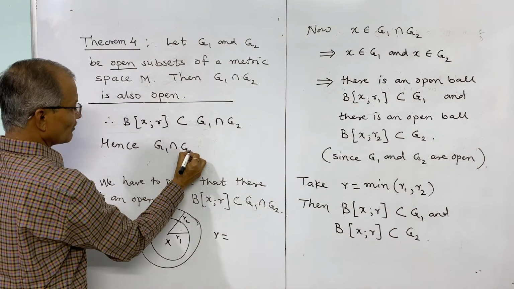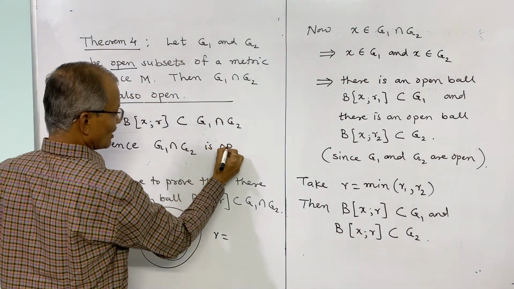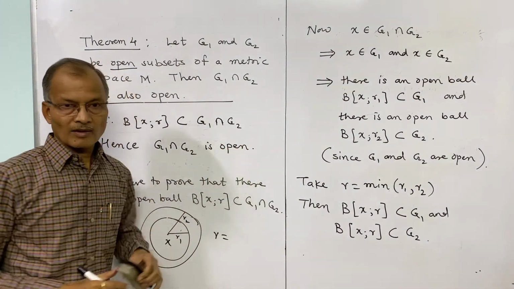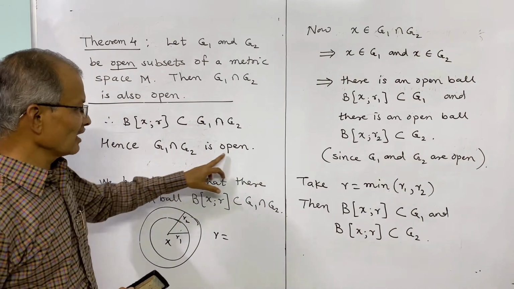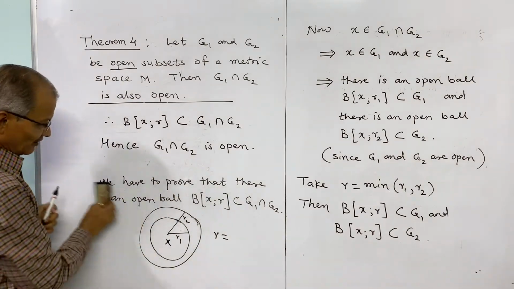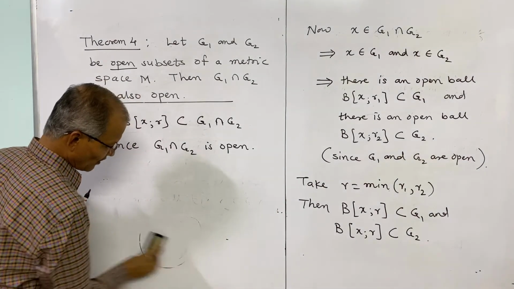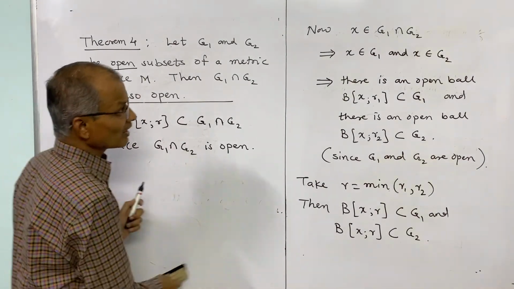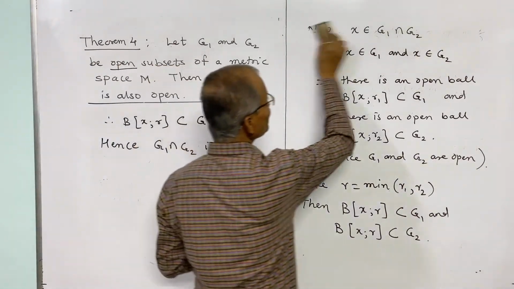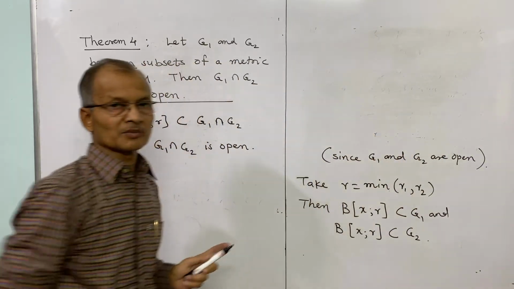so what is the meaning of this theorem? A finite intersection of open sets is open. That is the meaning. See the difference from the earlier theorem about union. For union, the union may be of any number of open sets, and that is also open, but that is not the case for intersection.